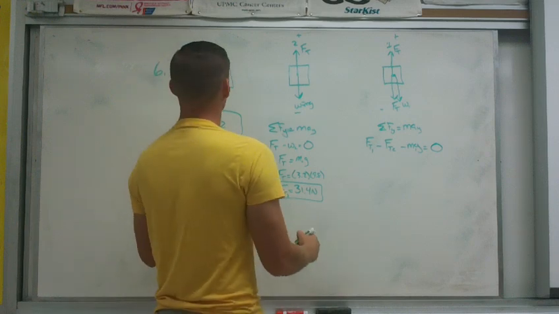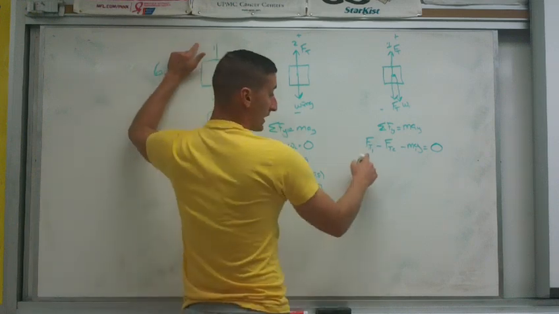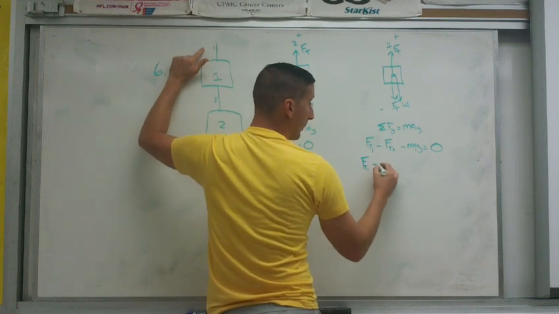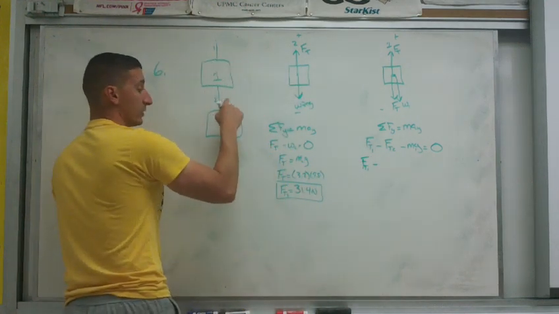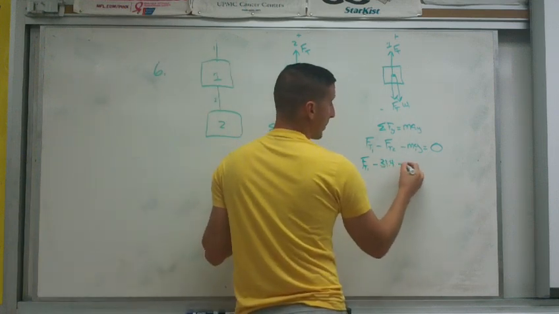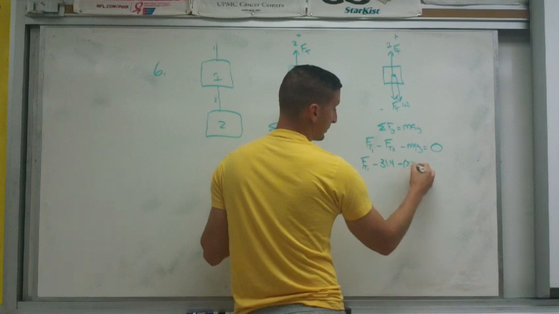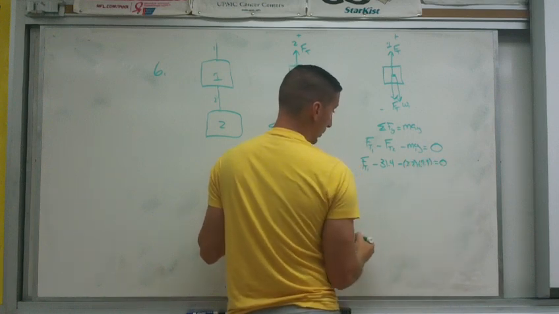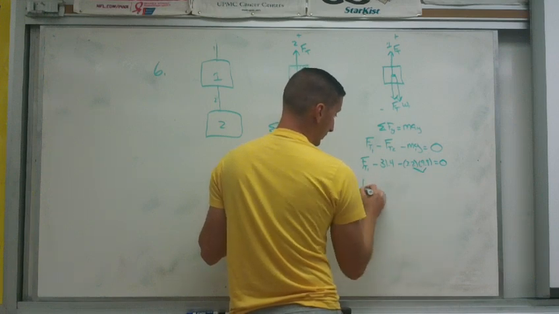The rope we don't know is this rope. Ft1 minus Ft2, the tension in this rope is 31.4, minus the mass of bucket 1, 3.2 times 9.8, equals 0. So go ahead and simplify.